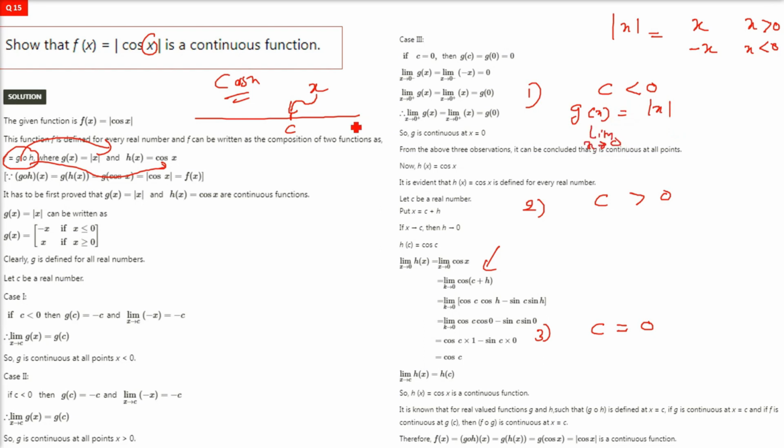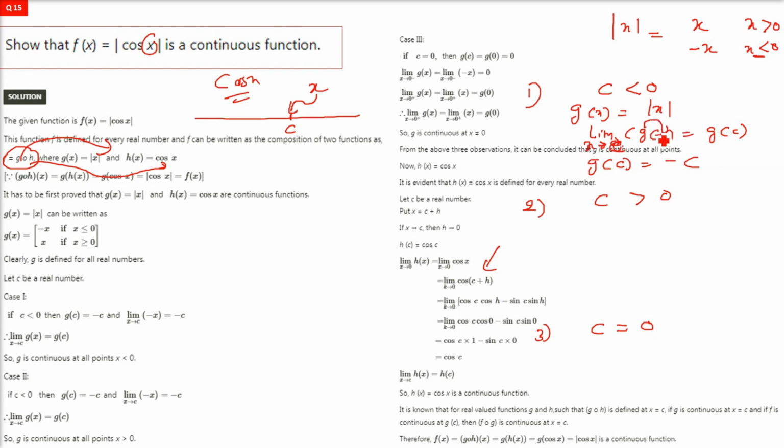So when you have limit x tends to c, and you apply this on g(x), it should be g(c). So what is g(c)? Since c is less than 0, modulus of c is going to be minus c.